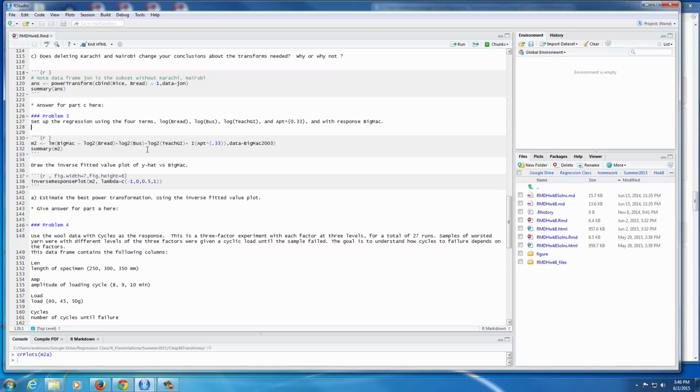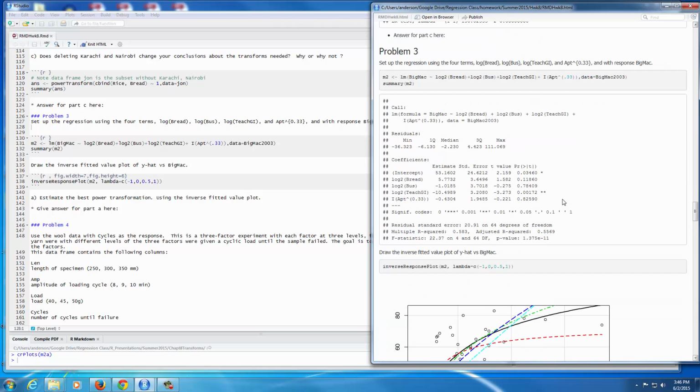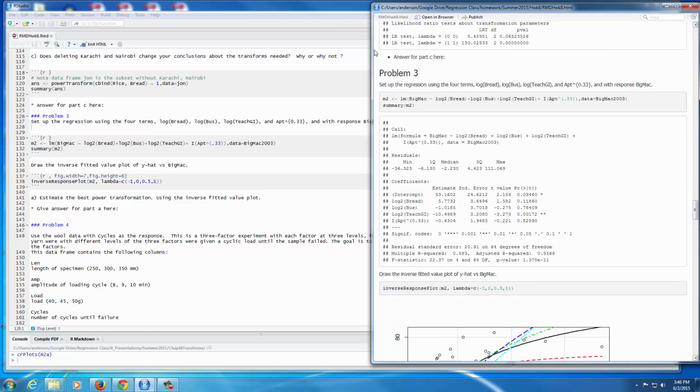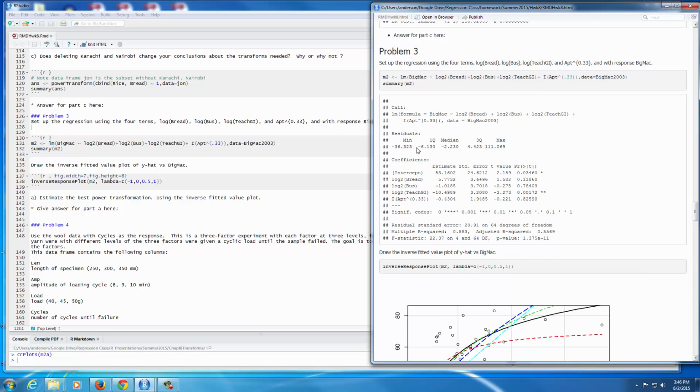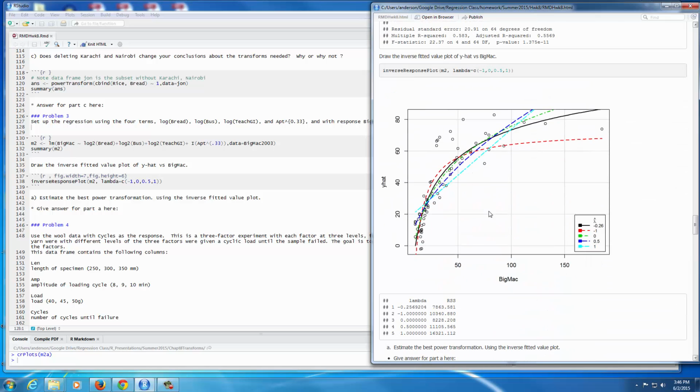And we are going to do an inverse response plot, and we're going to use the inverse response plot to suggest a transform. And so here is the model that's estimated, model M2, and then here is the inverse response plot, and you'll use that.